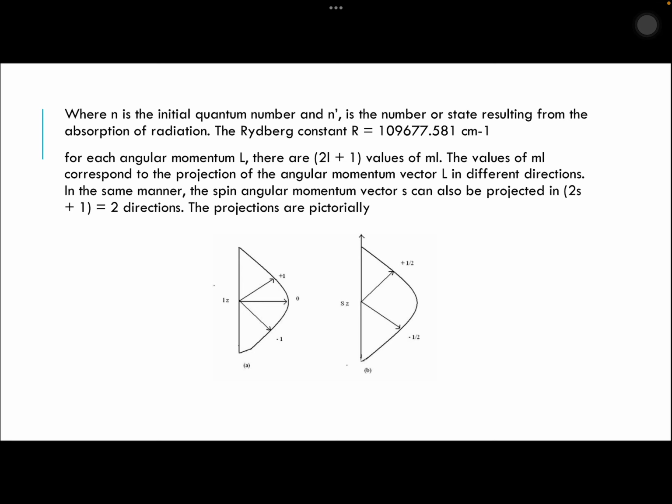For each angular momentum L, there are 2L plus 1 values of m sub L. The value of m sub L corresponds to the projection of the angular momentum vector L in different directions. In the same manner, the spin angular momentum vector S can also be projected into 2S plus 1 directions.